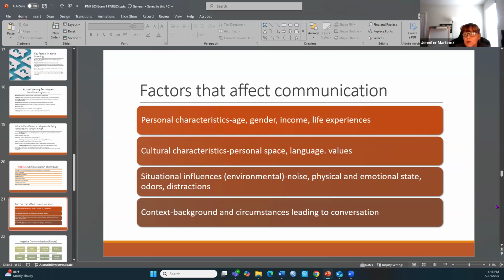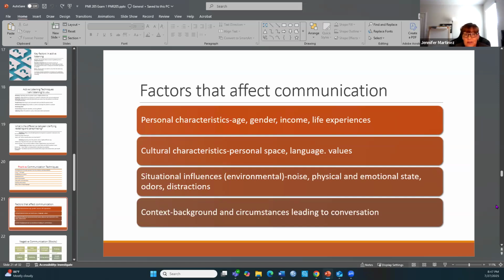Physical and emotional state: if somebody is very, very upset, they may not be open to communication. They may just need that moment of silence, your presence, until they're in a better state emotionally. Foul odors are also very distracting.